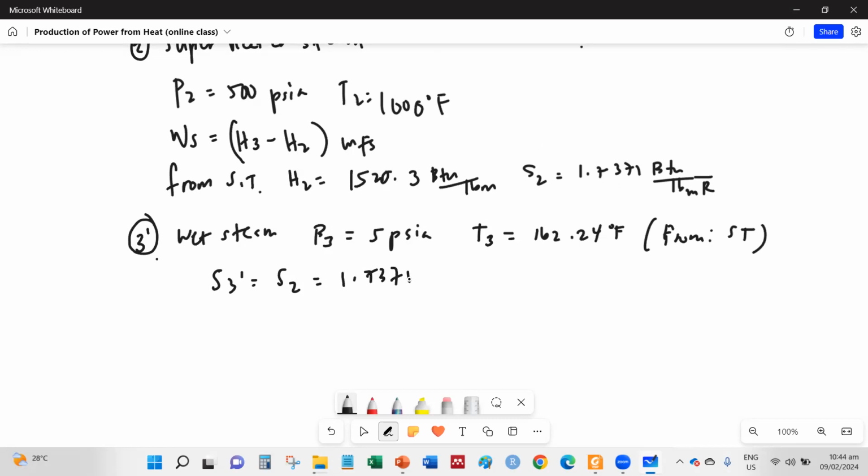I have not put the units anymore. And since we are dealing with the saturated properties, we can know the entropies of the liquid and vapor part. Okay. So S3L is 0.2349. S3V is 1.8443. Okay.